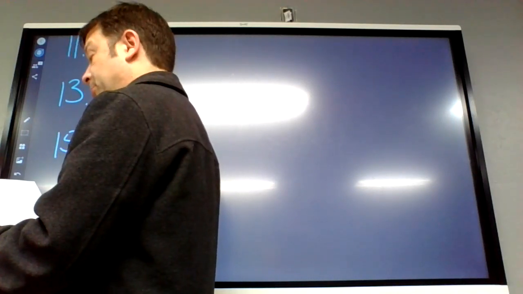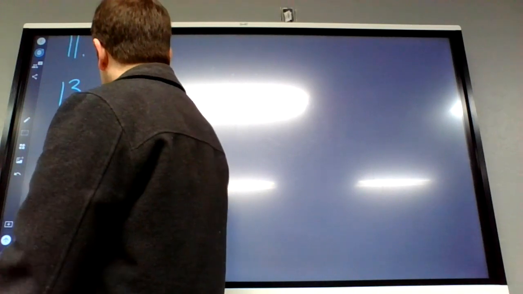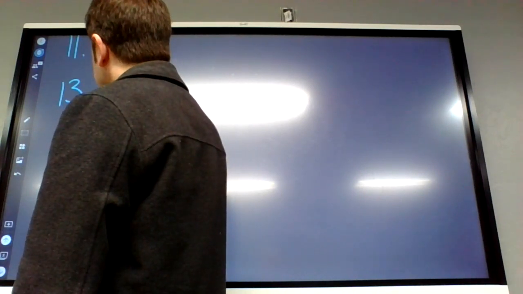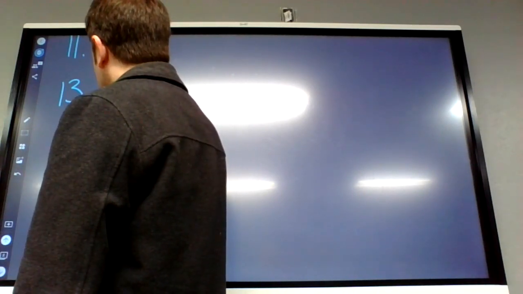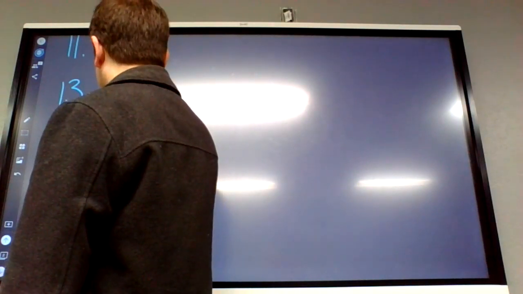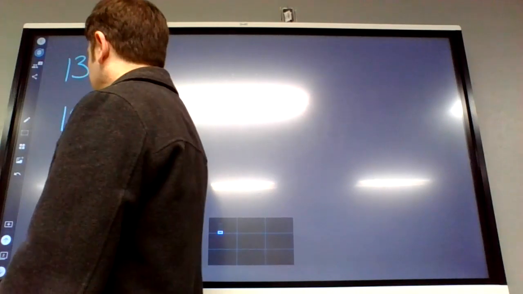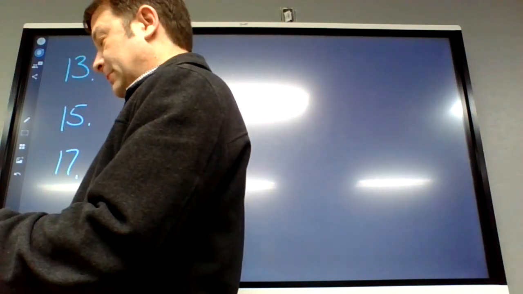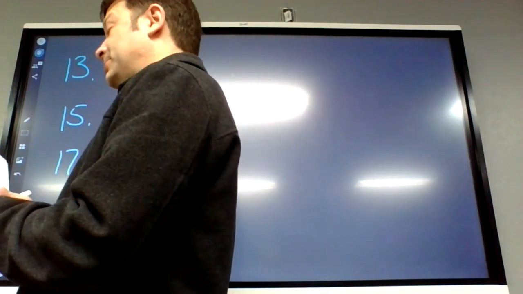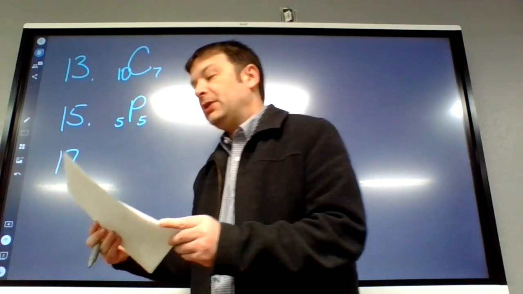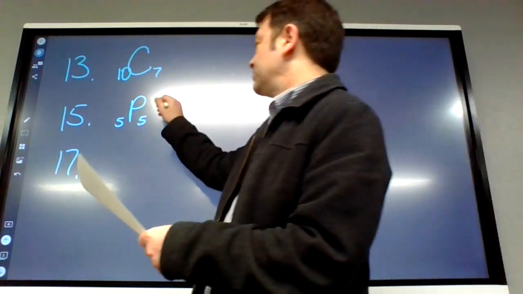It would be written as a permutation, 5P5. Oh yeah, 5P5 does make 5 factorial, doesn't it? Yeah. I wouldn't even call that a permutation, but okay. That does equal 120.